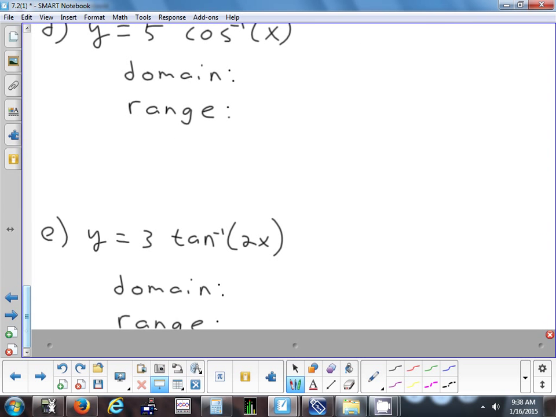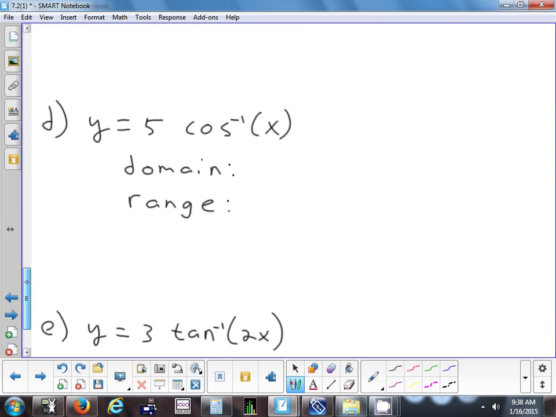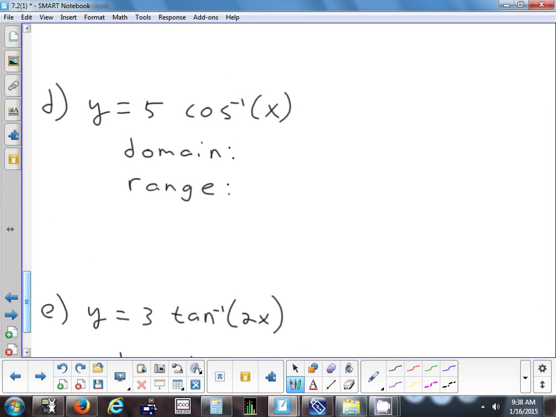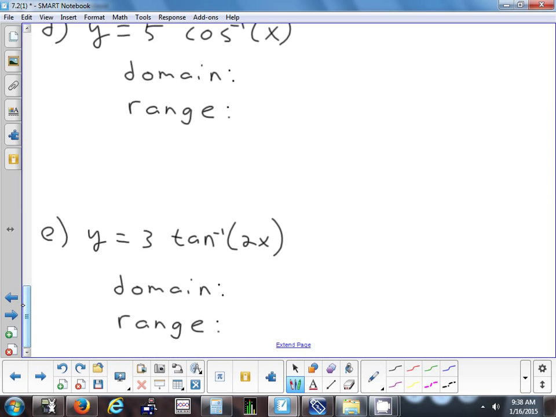Let's see. Let's try one with tangent. Okay, just as a hint on D, there's no change in the domain. You've done nothing to it. Okay, but let's look at E. So I'm going to start by putting my argument in the middle.